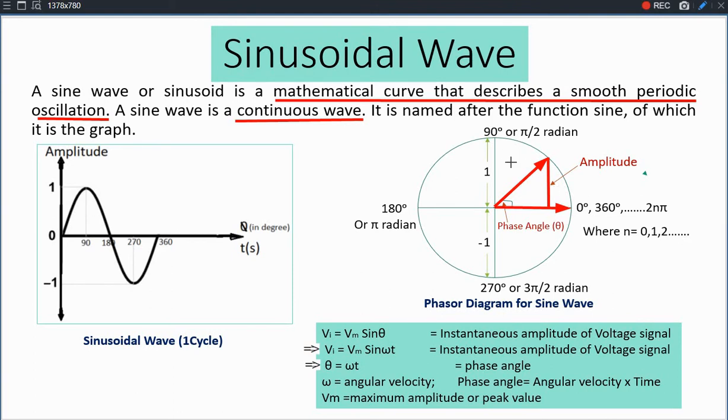And then at the topmost vertical point, the phase angle is 90 degree or pi by 2 radian. And if the maximum amplitude is 1, as in the case of sine 90 degree is 1, then just opposite to it at 270 degree or 3 pi by 2 radian, the magnitude will be -1.